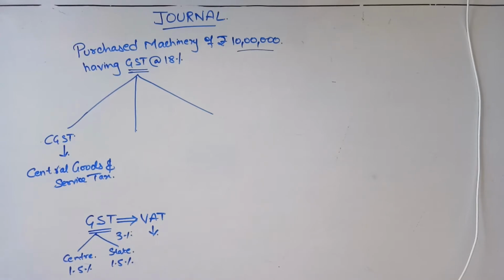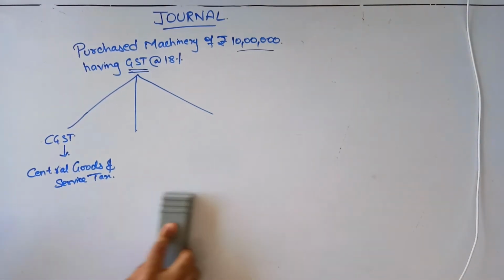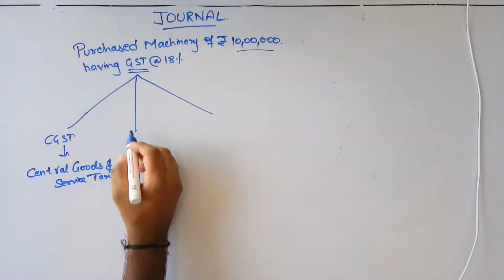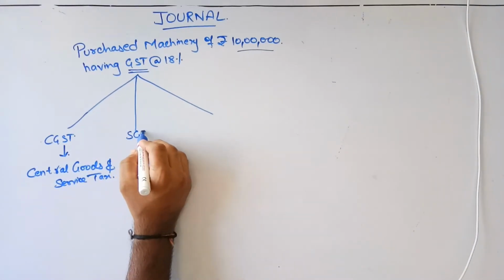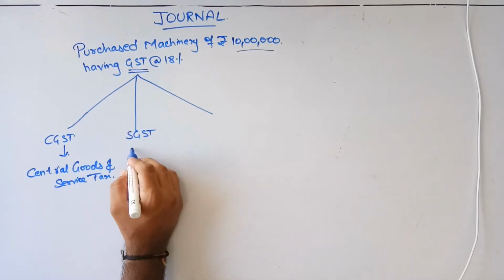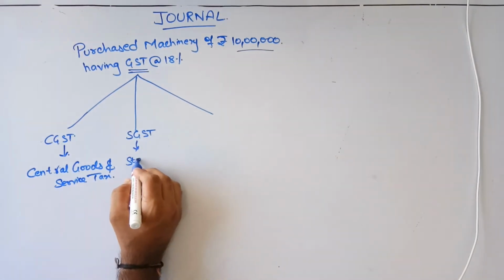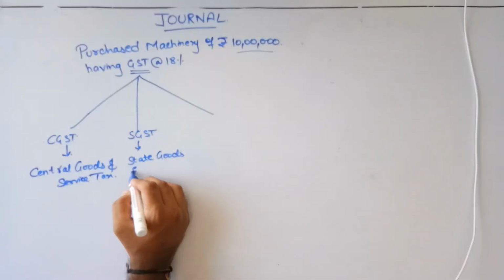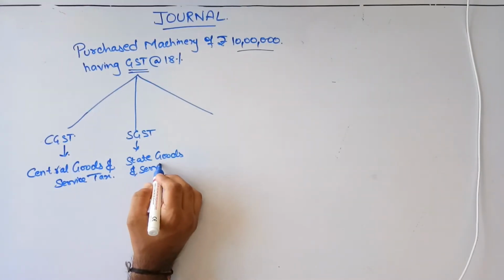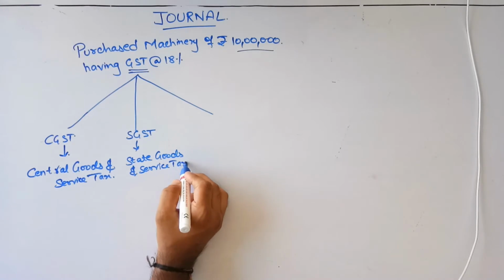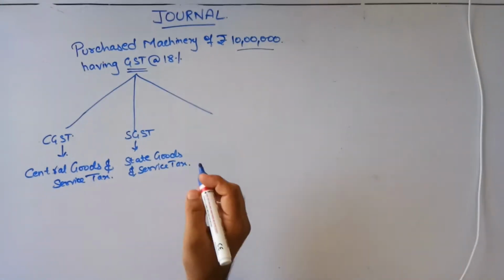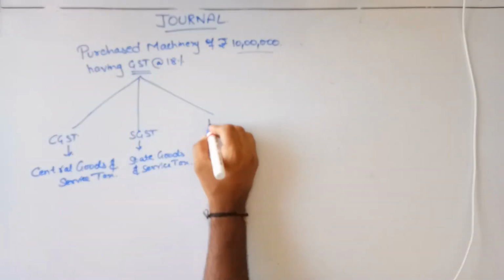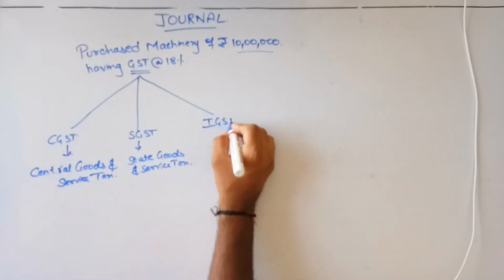Now CGST means the Central Goods and Service Tax. Then you have your SGST, this is your State Goods and Service Tax, and the last what you have is IGST.